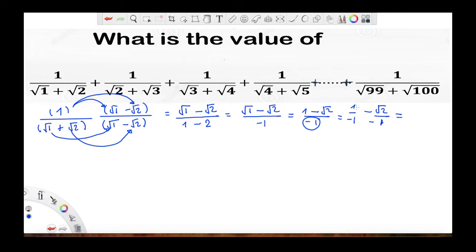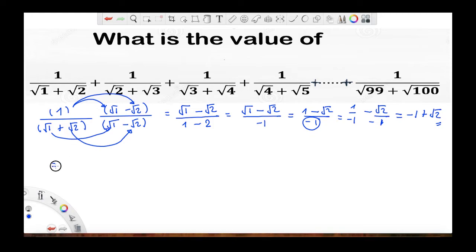So 1 divided by minus 1 is minus 1. A minus divided by minus is a plus, so we are going to have root 2 divided by 1, which is root 2. So this one gave us minus 1 plus root 2.